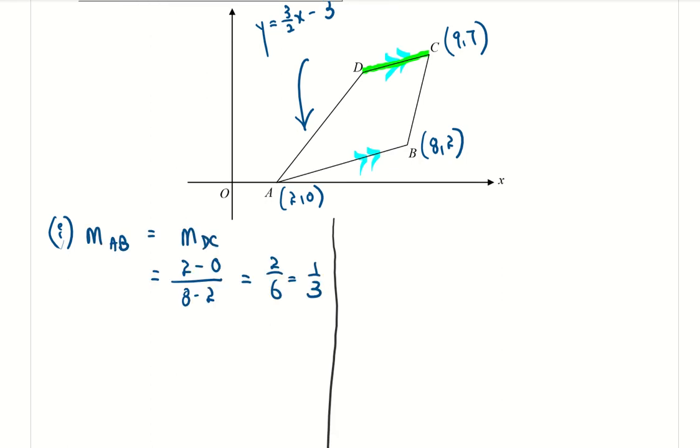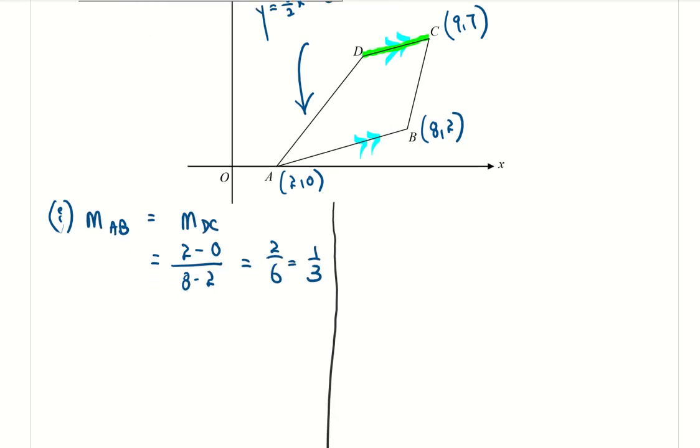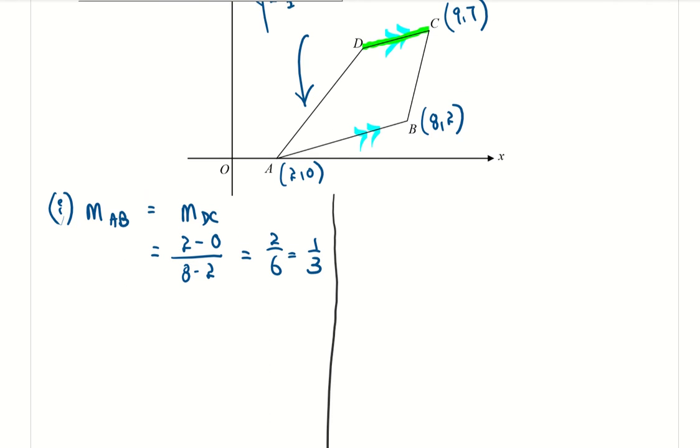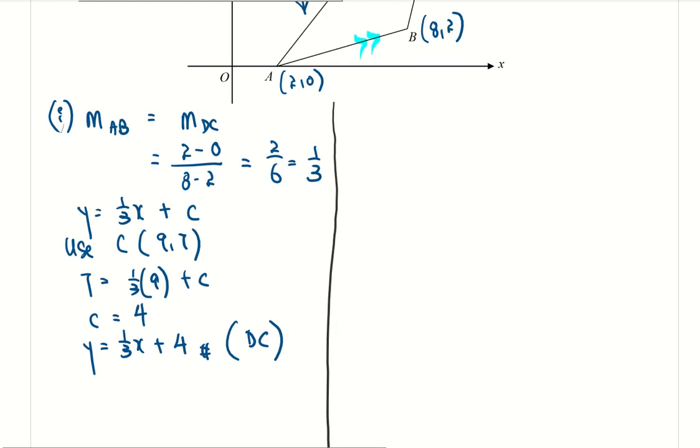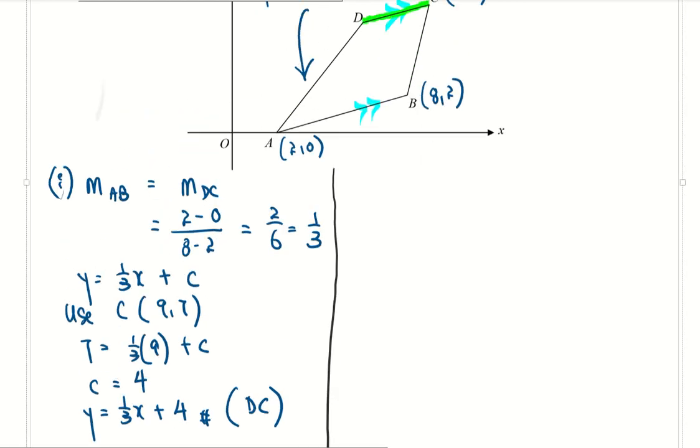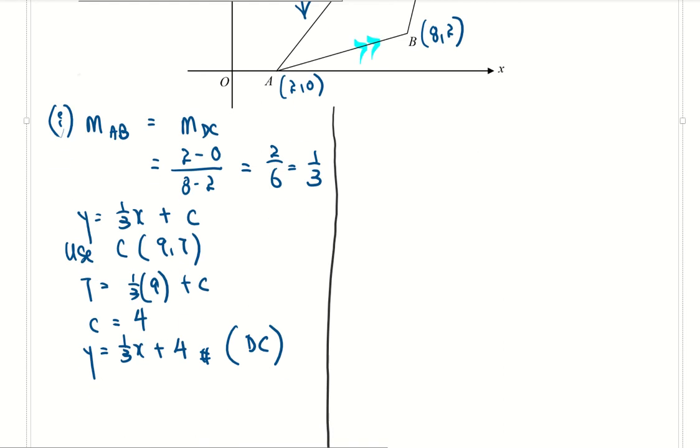I will then have the gradient of both lines. After that, using the form y equals mx plus c, since C lies on the line, I'll use point C, which is (9, 7), to solve for my y-intercept. With that, I will have the equation of DC.